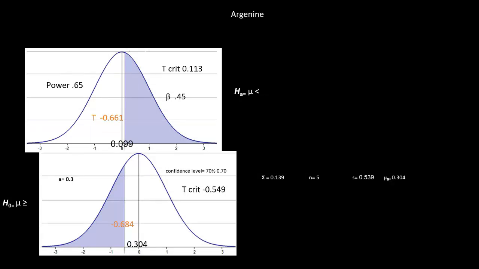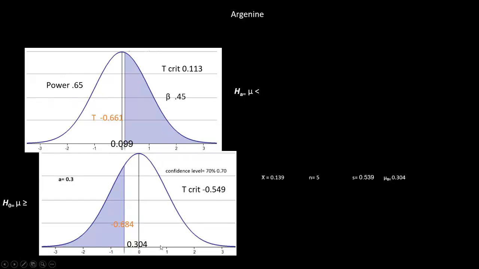Anyways, basically the T score of the upper chart ended up being about negative 0.661, which lands around here.